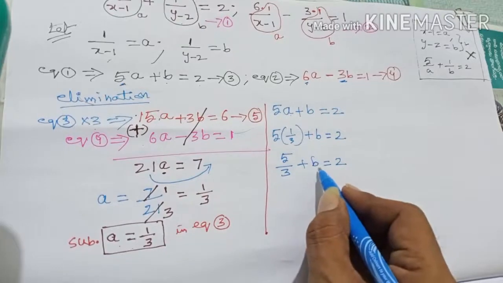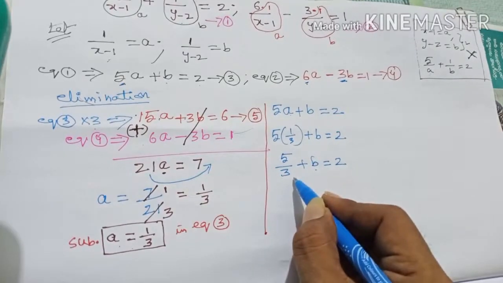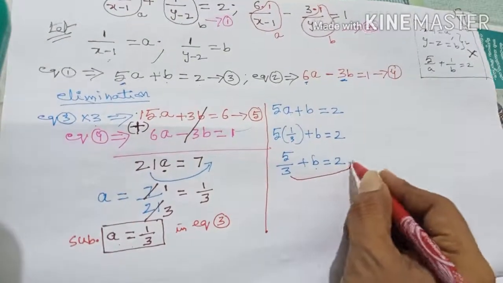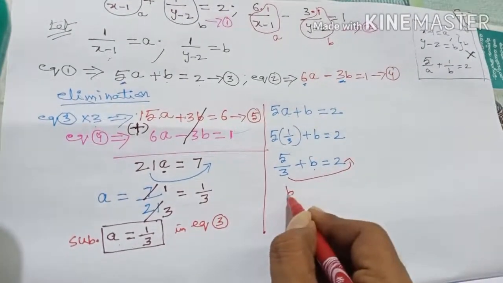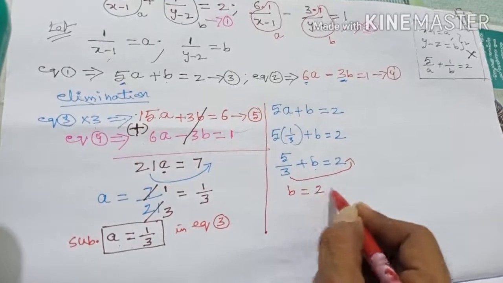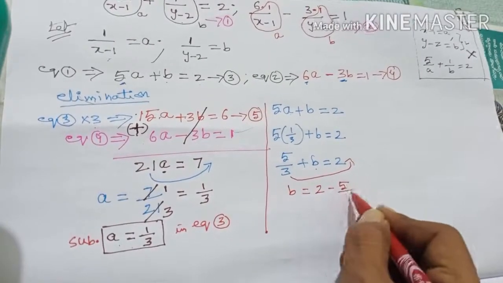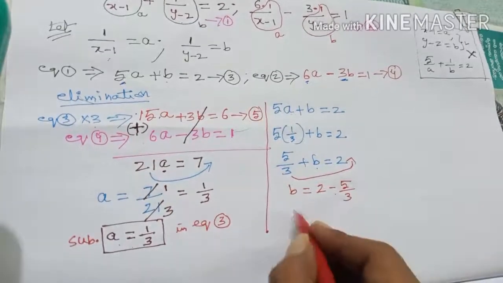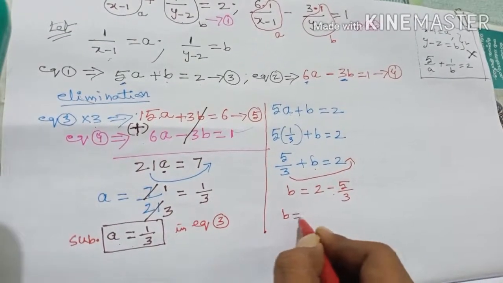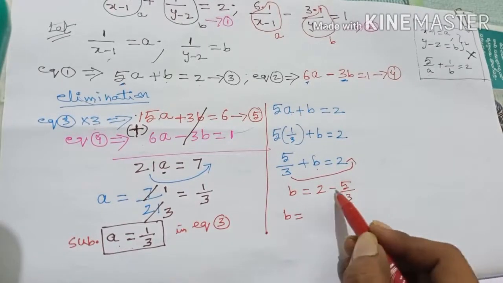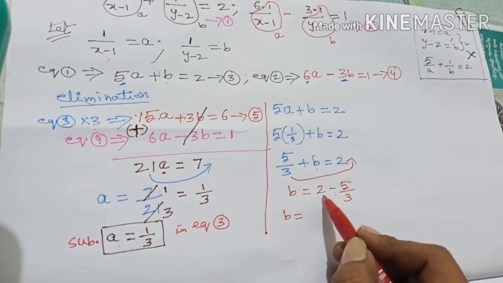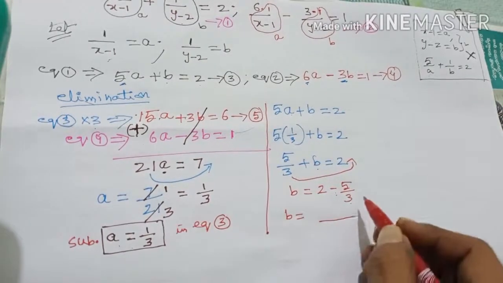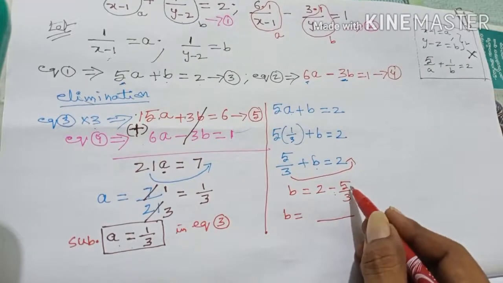Therefore, to find the value of b, you have to transpose this 5 by 3 to the RHS. Okay, then what happens? b is equal to 2 minus 5 by 3. This plus 5 by 3 becomes minus 5 by 3. Then b is equal to, here a fraction is subtracted from an integer. In this case, the LCM is nothing but the denominator of the fraction.